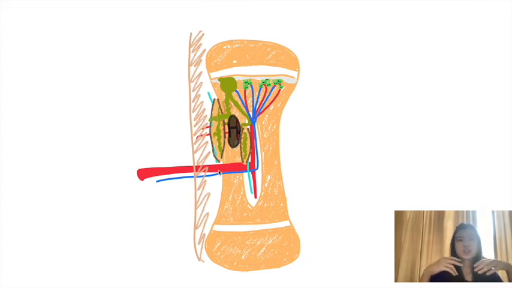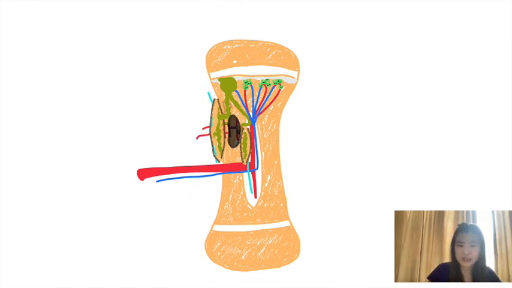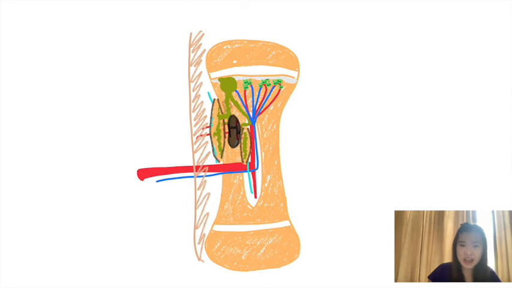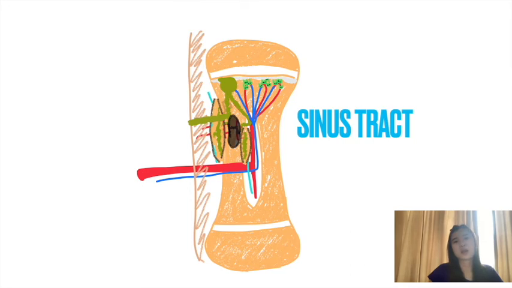So after it goes inside, crunching the bone and creating a cloaca, it can also crunch the outside layer. Crunching again towards the skin, destroying the skin layers and making an opening in the skin tissue, and it's called the sinus tract.